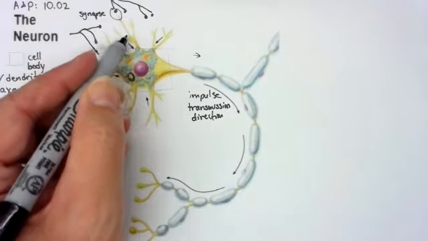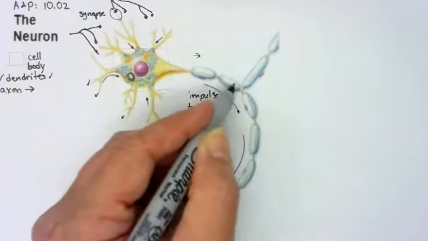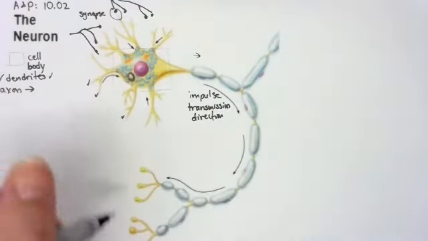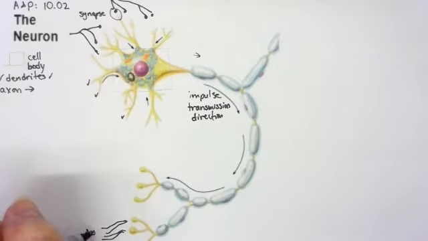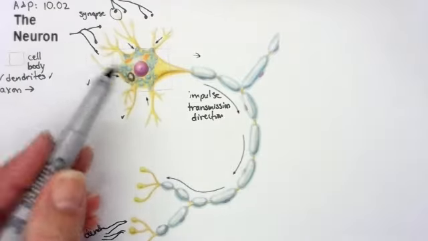Then the signal travels down the dendrites into the cell body, down the axon, down to the axon terminals, and I'll have more dendrites down here. In that way, we go from a nerve cell to nerve cell.